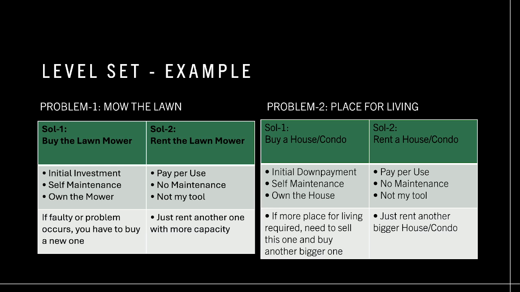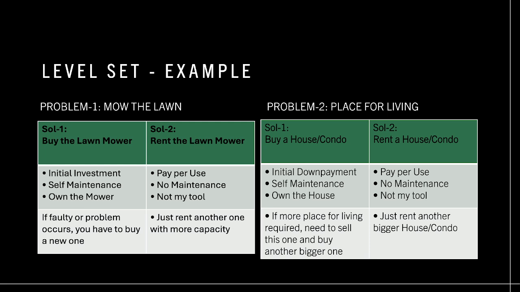This example helps us to understand how cloud computing works, and this is a comparison of buying and renting a lawnmower or a house. On the first problem, we need to mow the lawn. For that there are 2 ways, or 2 solutions.